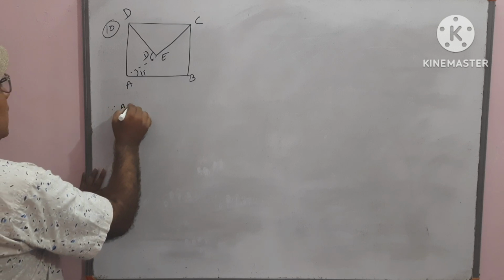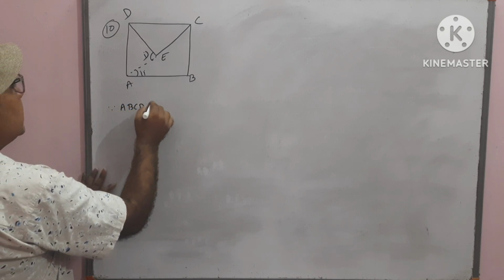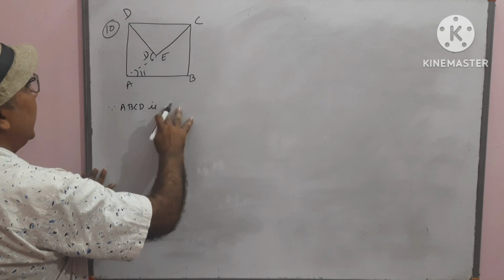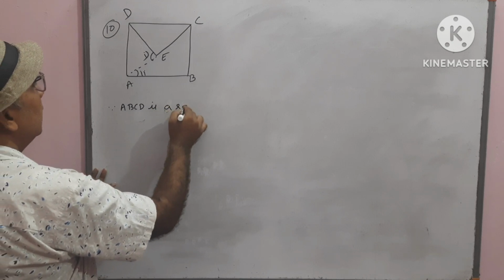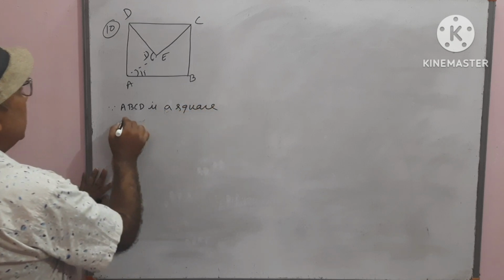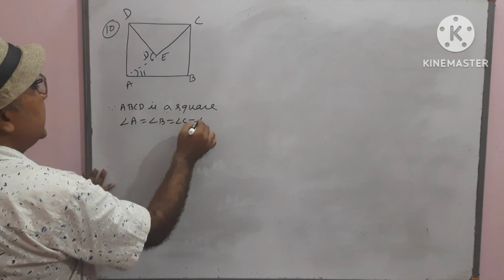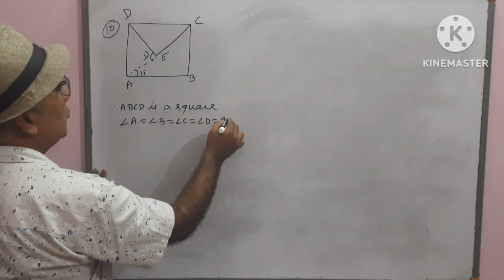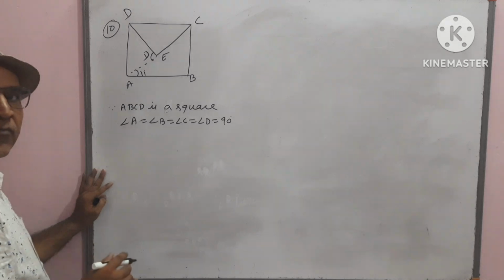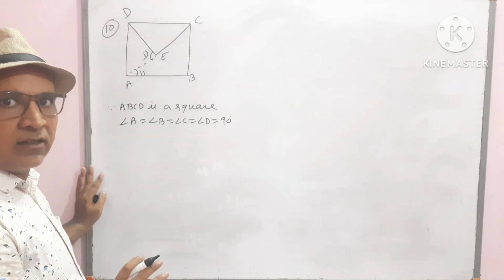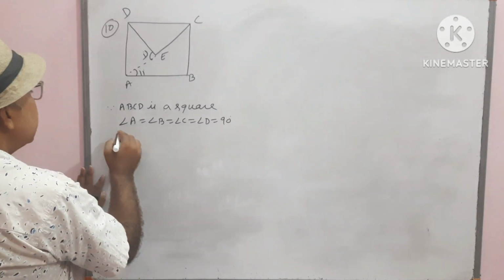Because ABCD is a square, angle A is equal to angle B is equal to angle C is equal to angle D is equal to 90 degrees. In a square, all the angles are 90 degrees.